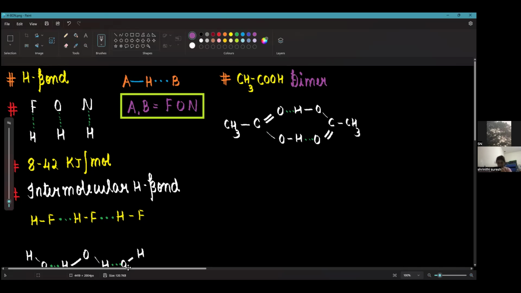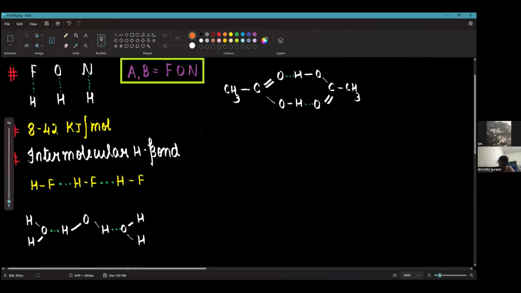The actual molar mass of acetic acid is 60, but since it forms a dimer, its molar mass gets doubled and it is 120. So remember this: if they ask the molar mass of acetic acid in vapor phase, you have to double it, because in vapor phase it forms a dimer. Got it? Now the next example is KHCO3.